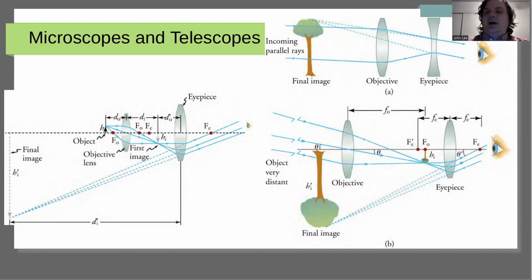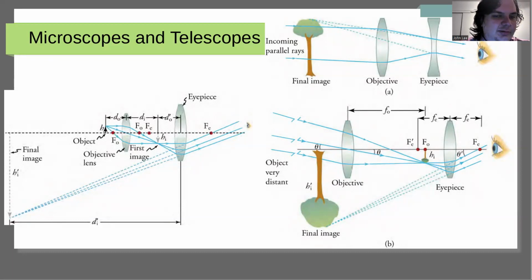So basically, what microscopes and telescopes both do is they allow us to really control where an image is by letting us choose the distance between the eyepiece and the objective lens, which is going to allow us to control what it looks like the image is.